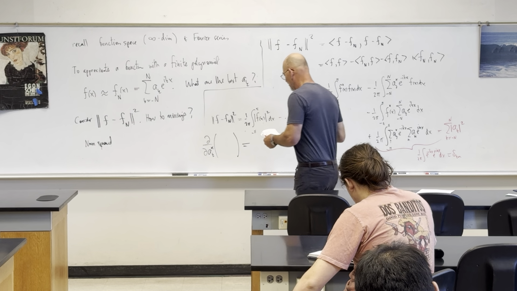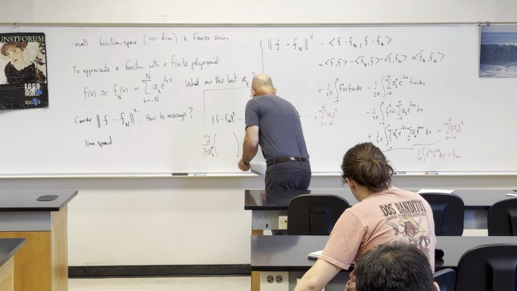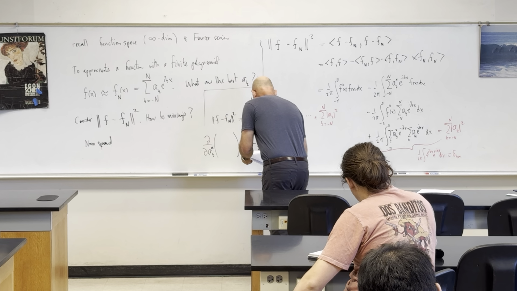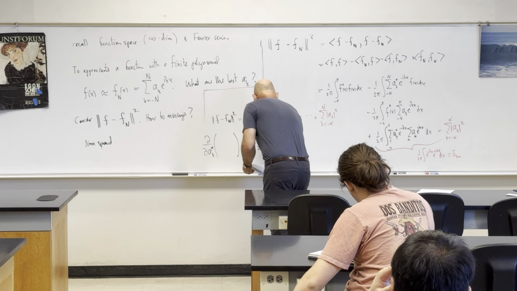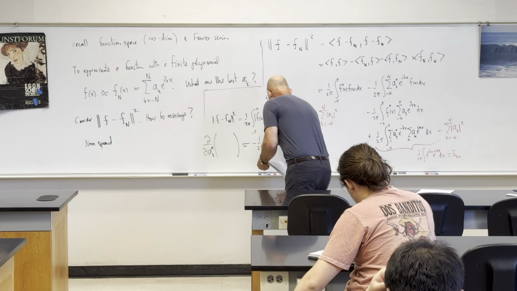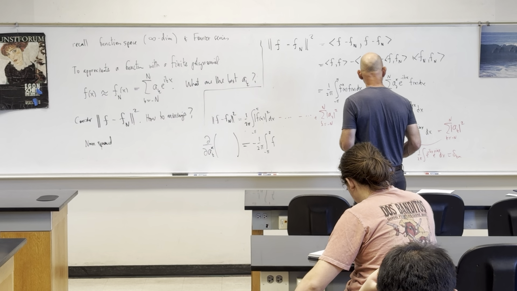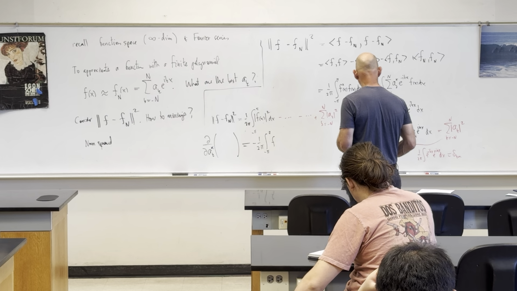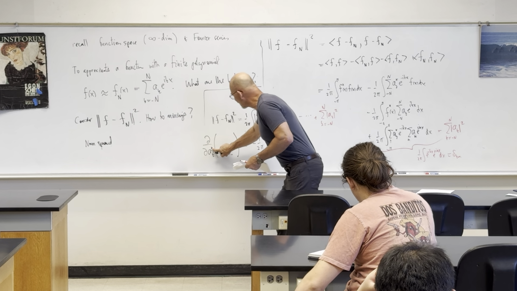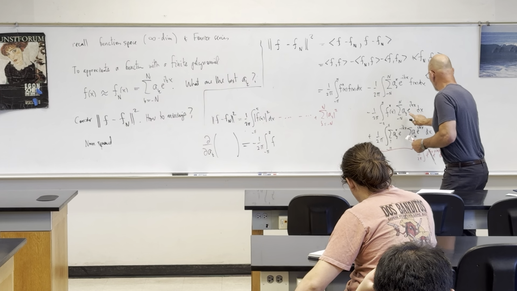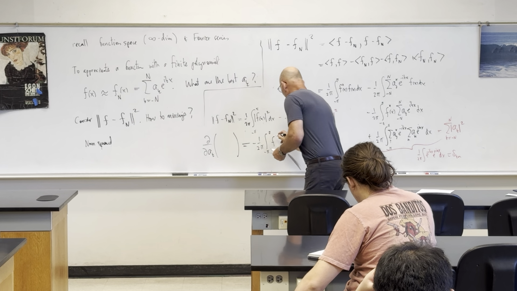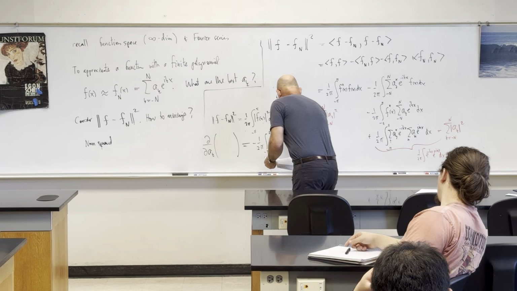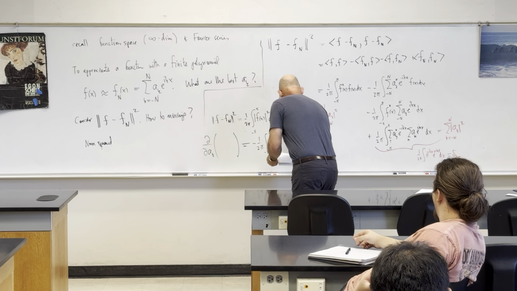So the derivative is equal to minus 1 over 2 pi, integral from minus pi to pi of f of x times e to the I kx dx. In my notes I have it without the star; I'm working on this one right here. So 1 over 2 pi, f star of x e to the I kx dx.